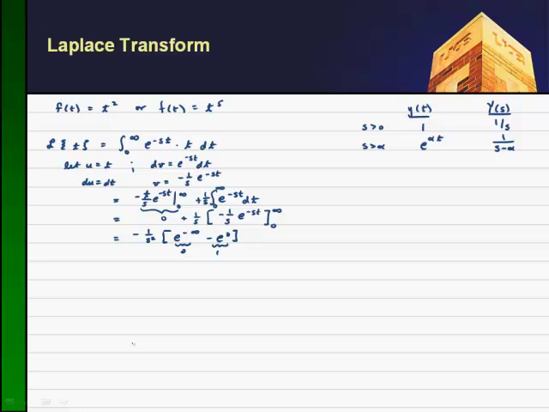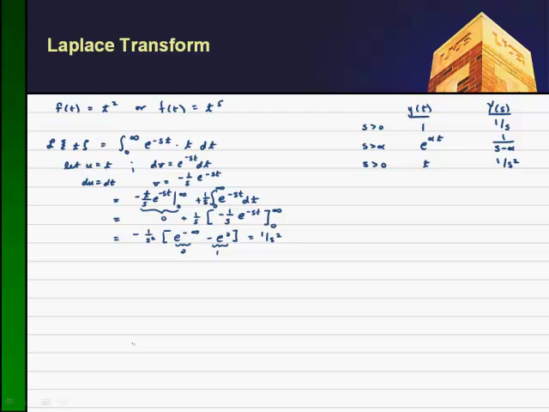So in essence, I get a negative 1 over s squared times a negative 1, which gives me a positive 1 over s squared. Again, I assume that my s is positive. And here I see that my function t maps to 1 over s squared.